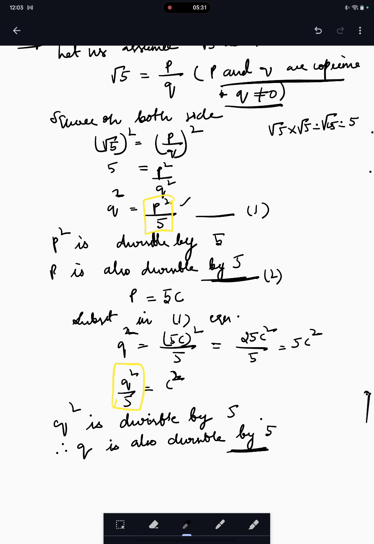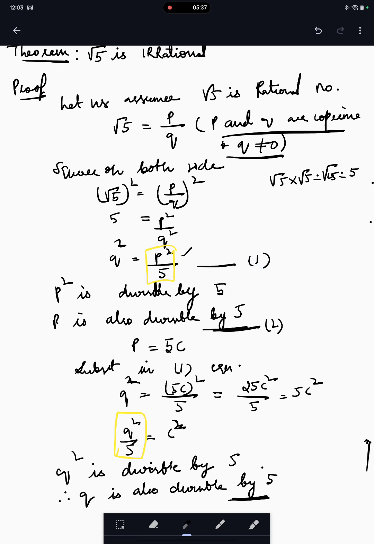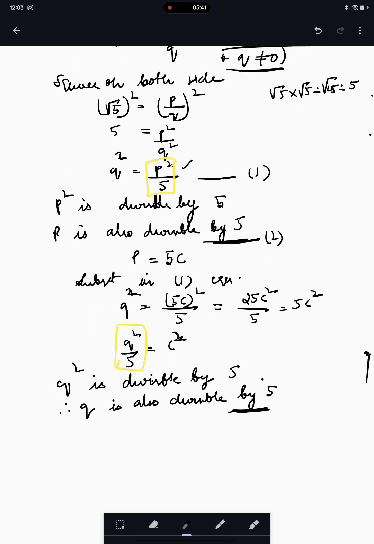Right? This assumption is coming out contradictory. What we actually took is that root 5 is a rational number. But here we got 5 as a common factor. So this one I can take as 3.